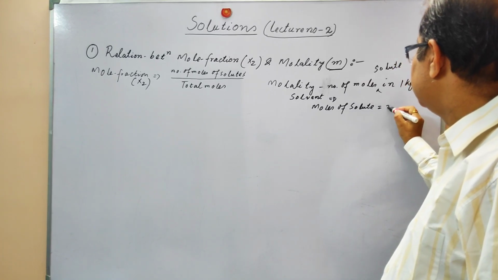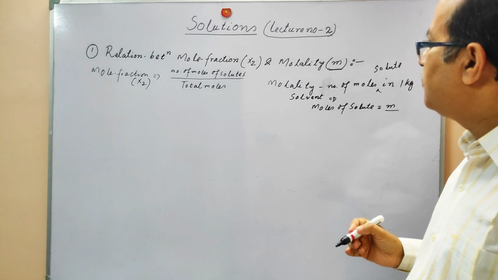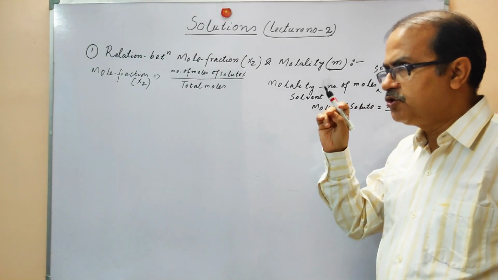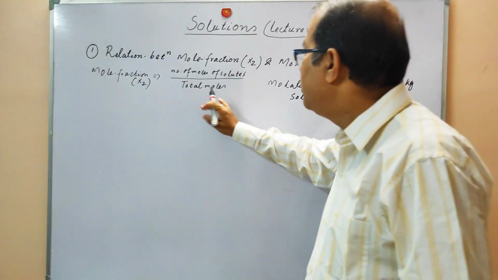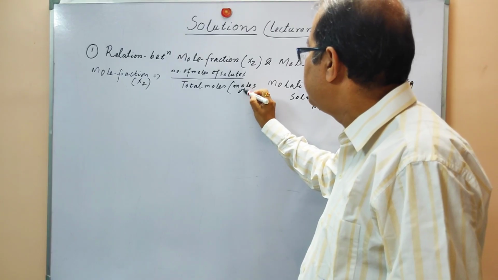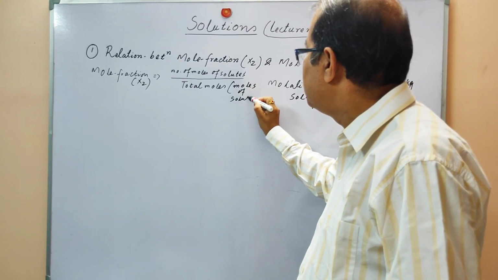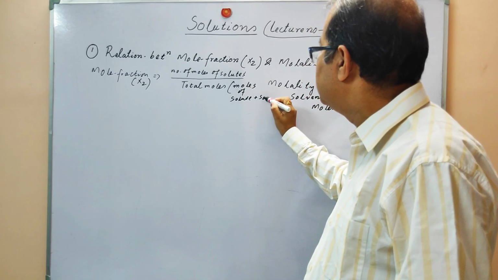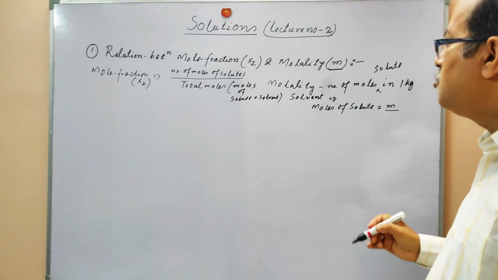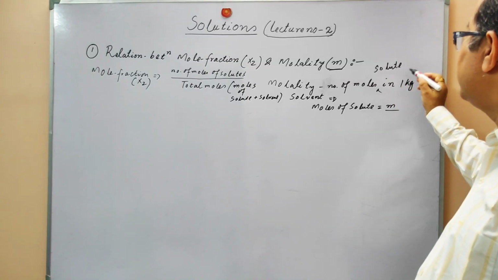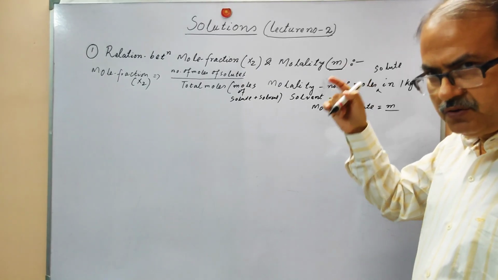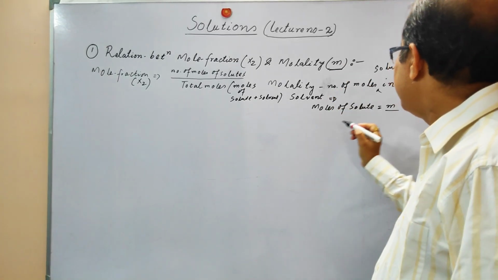But we have to calculate the moles of the solvent also, because total moles is moles of solute plus moles of solvent. So how do we get the moles of the solvent? We know that in 1 kilo of the solvent, these moles of the solute are present.